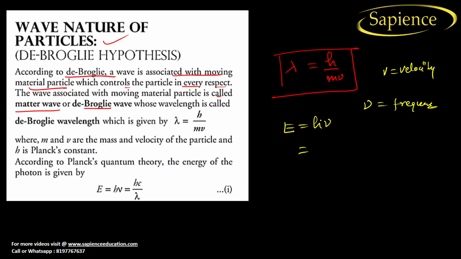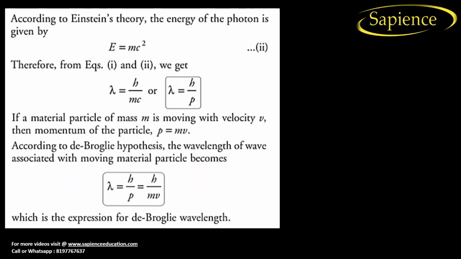Now frequency nu can be written as c by lambda. So from here we have one conclusion that energy E is equal to hc by lambda. Now one more important relation is given by Einstein, that is E is equal to mc square.